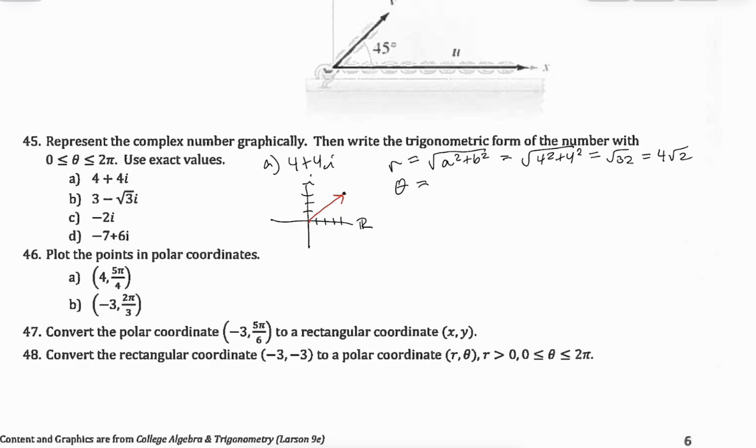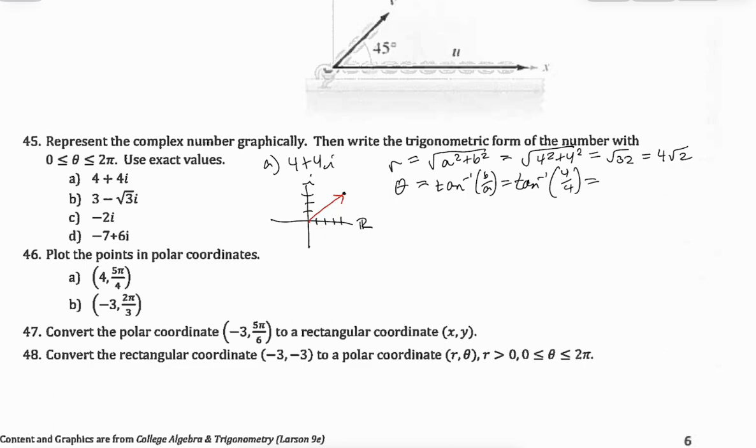Okay. Now, theta. The formula you want there is the inverse tangent of b over a. It's the y over the x. The x is represented by a. The y is represented by b. So that's just the inverse tangent of 4 over 4.